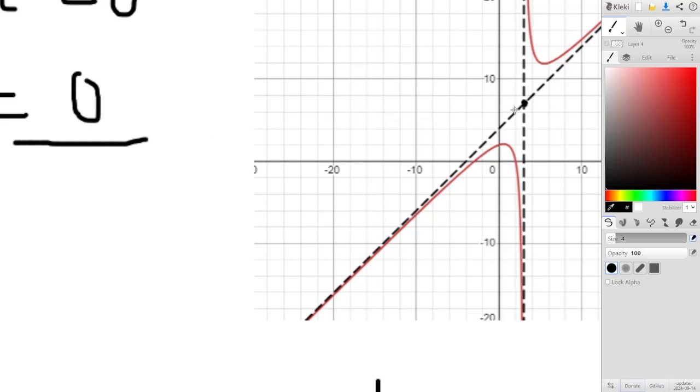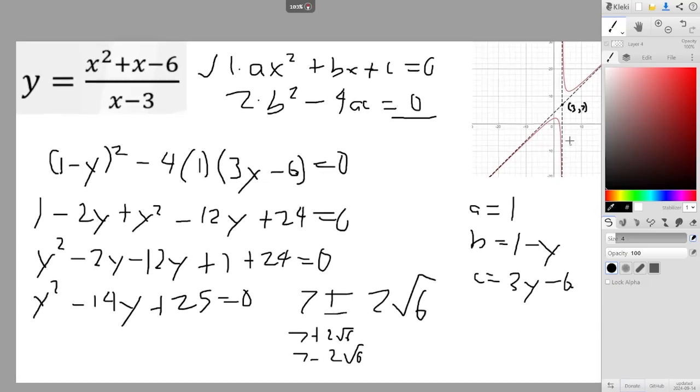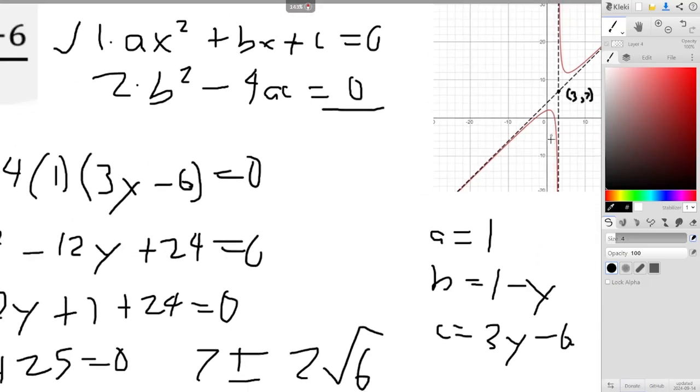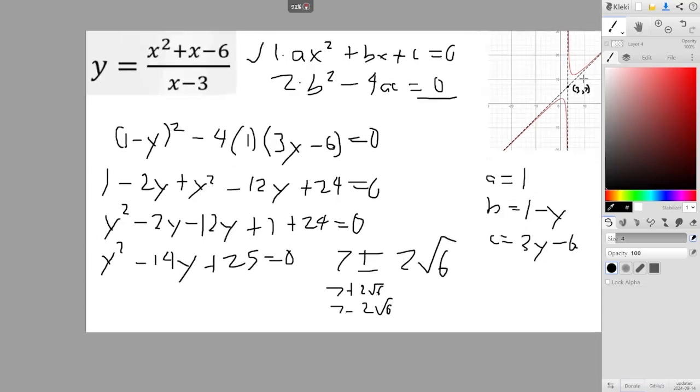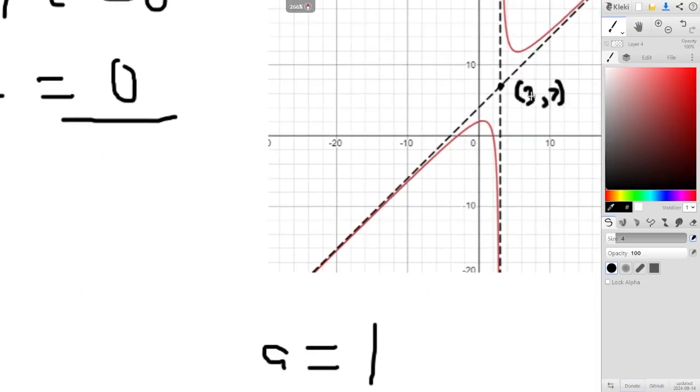Or actually, they do meet at 7 in terms of the y value. This point is actually 3 comma y because obviously the x value of this asymptote is equal to 3. It just so happens that they meet at 7 in terms of the y value.